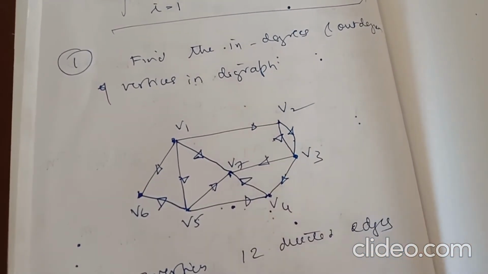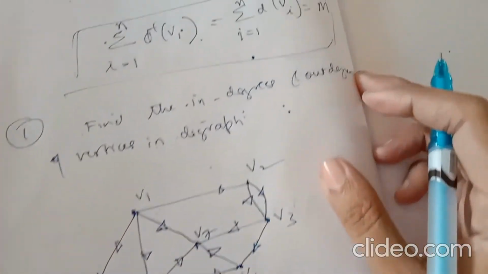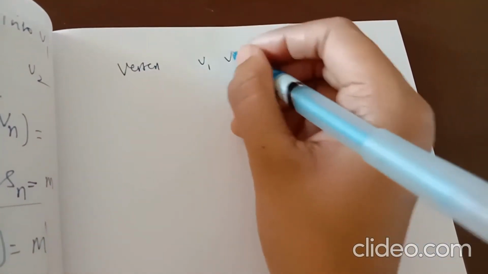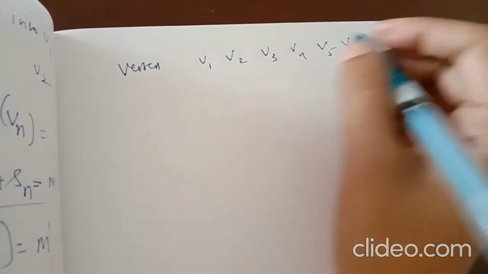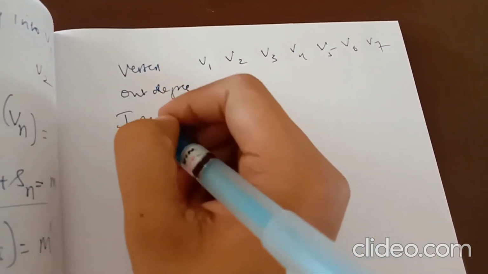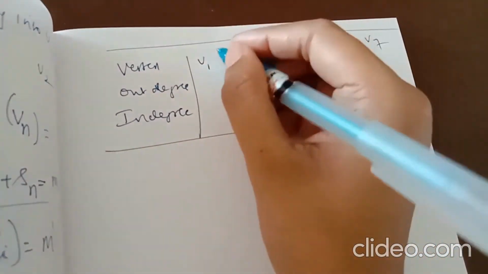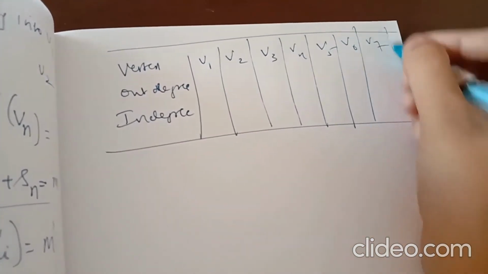So the out degree and in degree, we are representing them separately. So I'll just make a table. We have got 7 vertices, and the out degree and in degrees are with respect to this table.